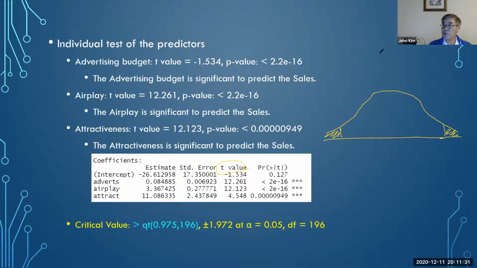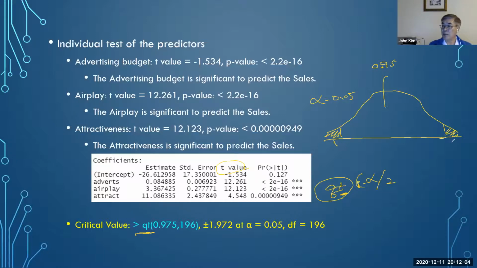If we use 0.95 confidence level or alpha equals 0.05, then we can use this function to find the t value, qt, and then 1 minus alpha divided by 2.